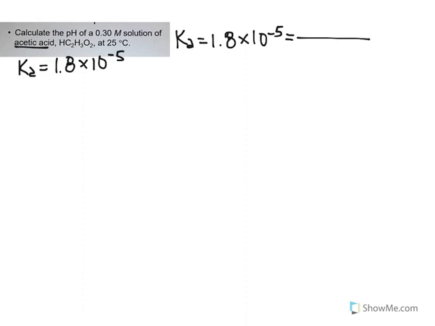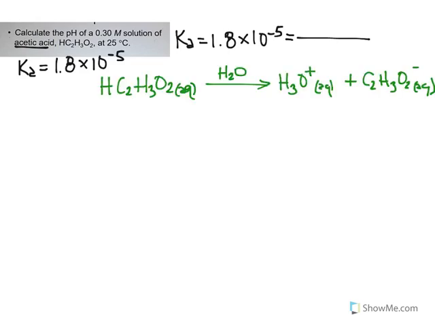The equation for the dissociation of acetic acid in water is right here. So you have your acid. This acid is going to give up a hydrogen. The water is going to pick it up. You're going to form hydronium and acetate. And I removed water from the equation because it's not going to come out in our Ka expression.